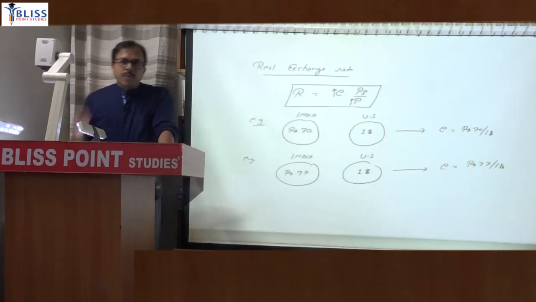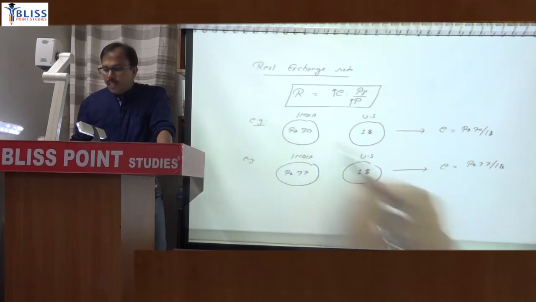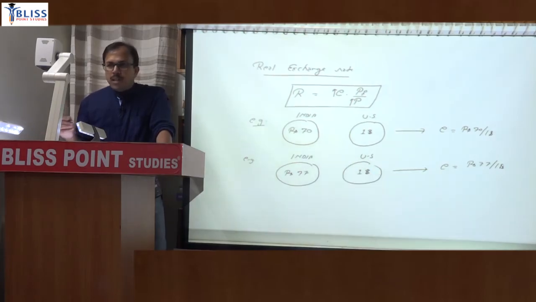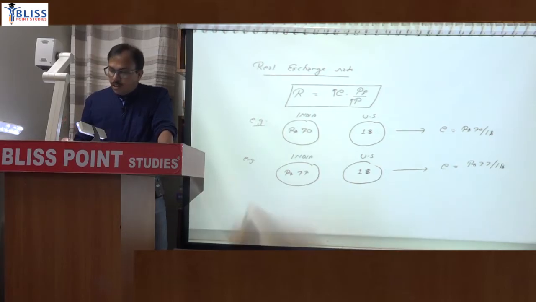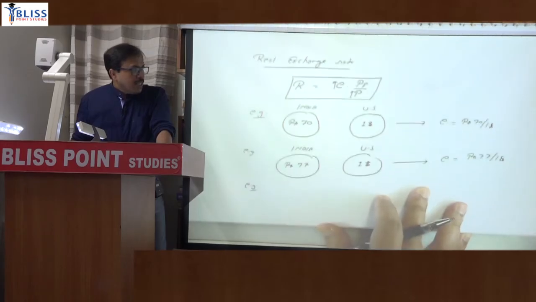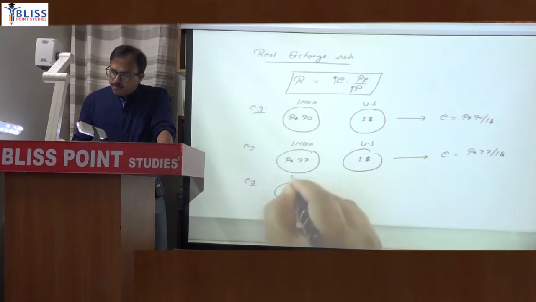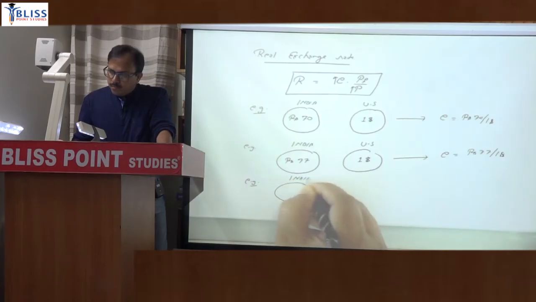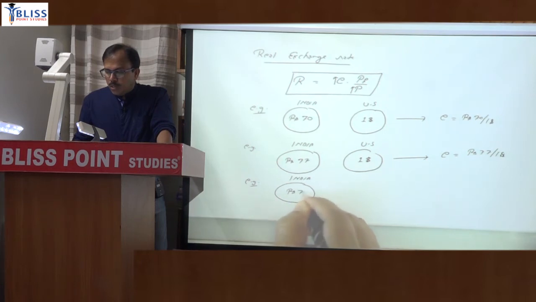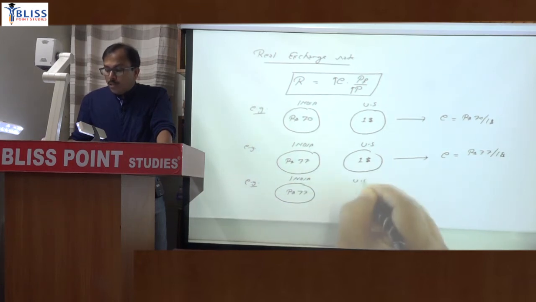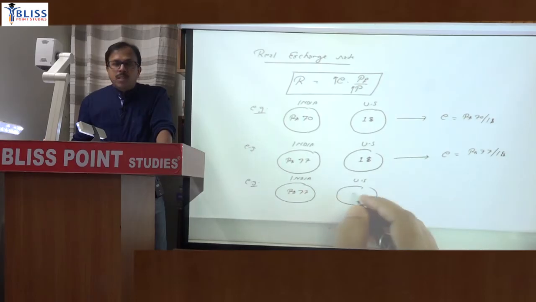So if there is a high inflation in India, then the exchange rate will increase, and increase means it will depreciate. Consider a third case, and in that third case, suppose again the same basket. In India, the inflation rate is 10%, so it is 77. Now consider in US also 10% inflation.